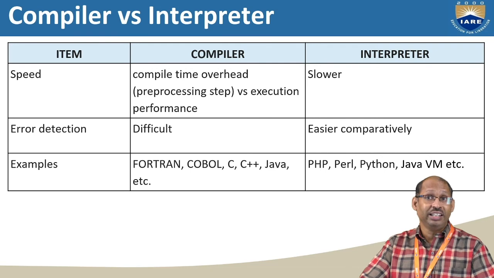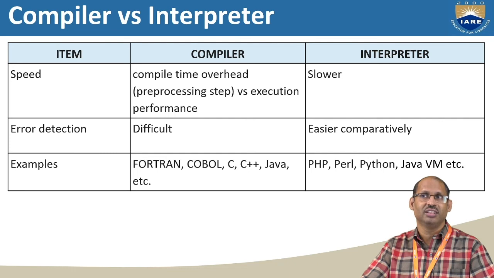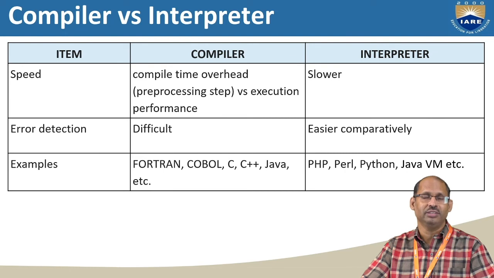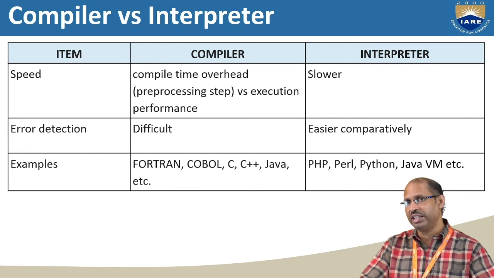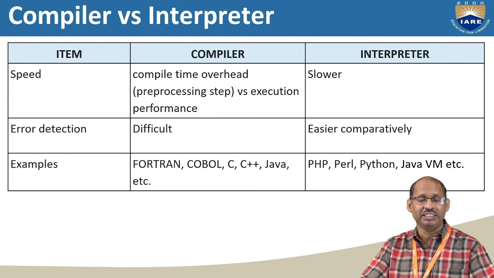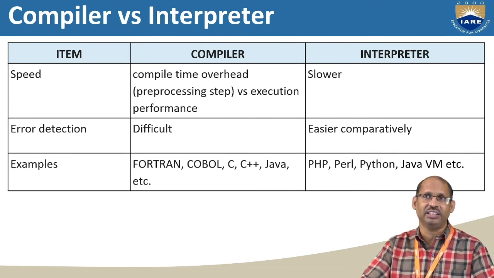Here, error detection. In the compiler it is difficult, but easier in interpreters. Because the compiler will generate all the error messages at the end of the conversion of the high level to low level. So there might be 10 errors, might be 20 errors, might be 50 errors. All are given at a time. Finding the error locations, analyzing the errors and rectifying the errors will sometimes be difficult.